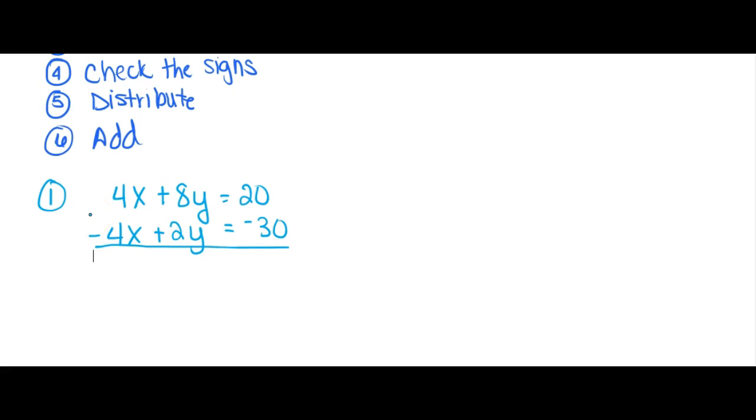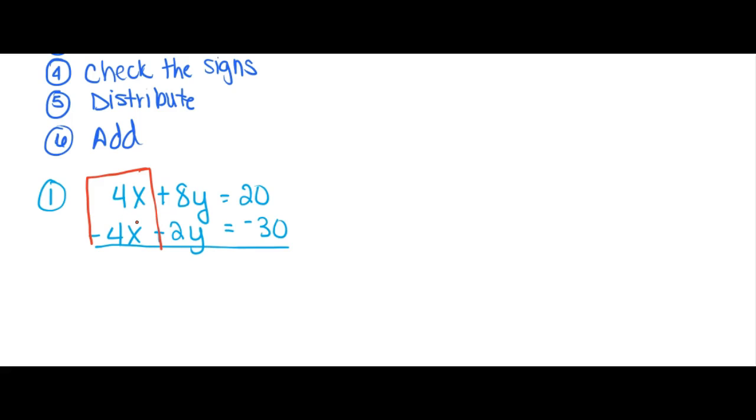Step 1's already taken care of for us because it's already in ax plus by form. Step 2 has been taken care of because it's already lined up. Now step 3, we can choose a variable. But I want you to be careful because in this one, I want you to notice something. Both of our x's have 4's. One of them happens to be positive, one of them happens to be negative.